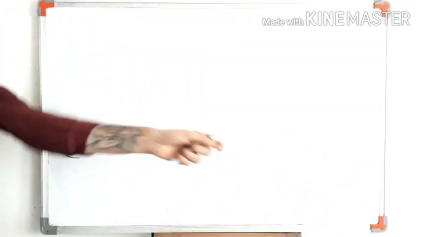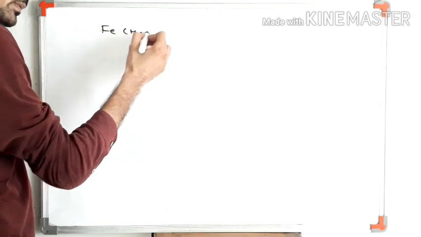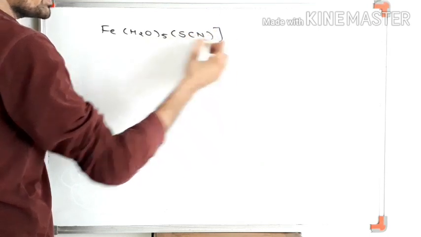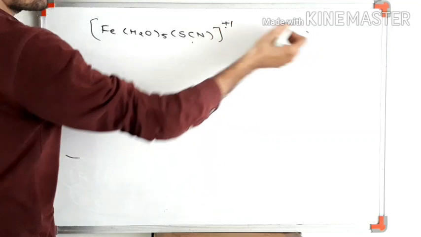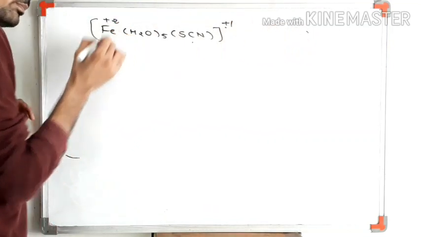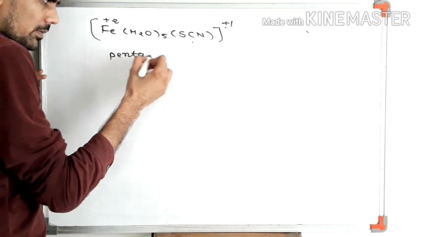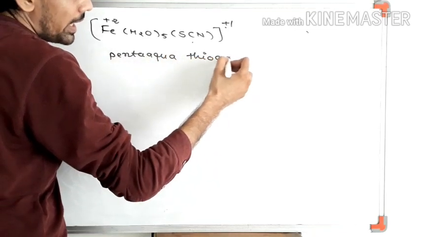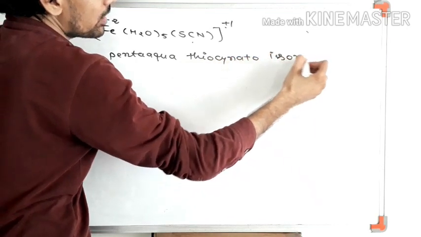Like [Fe(H2O)5(SCN)]2+, the name should be pentaaquathiocyanatoiron(III) ion.